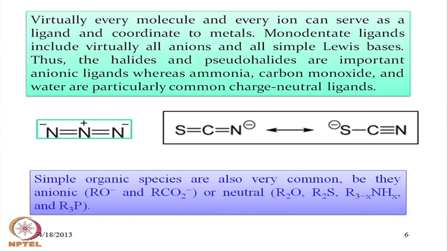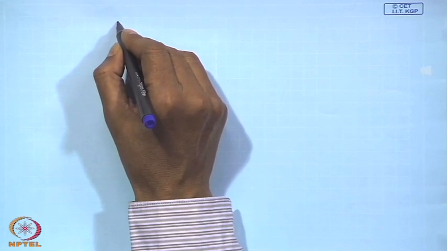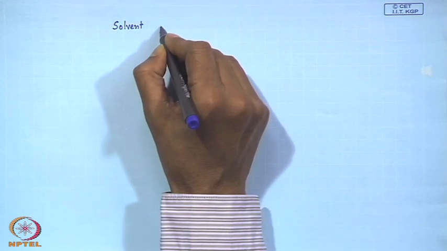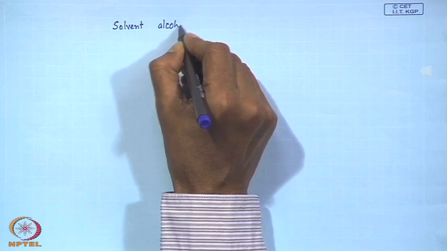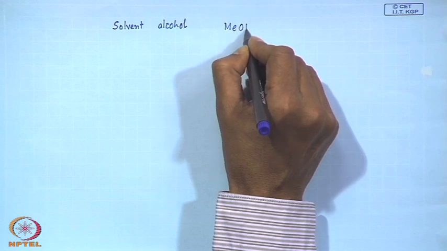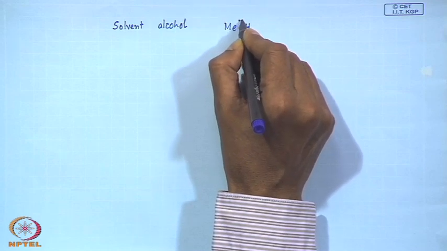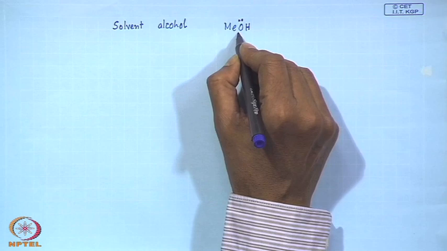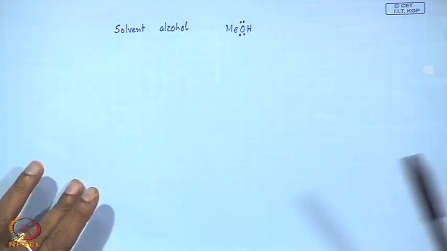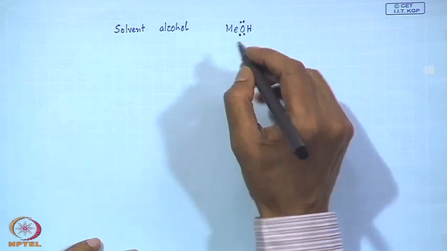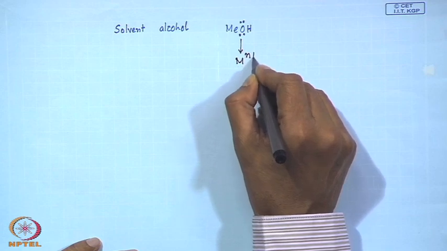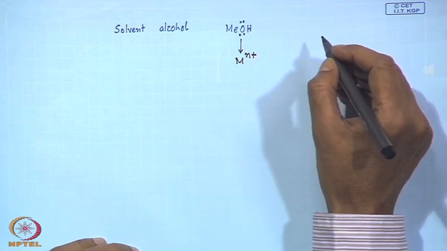Any alcohol, particularly when we use it as solvent, like water, also has lone pairs of electrons. So, when these lone pairs of electrons are donated to the metal center, it can function as a very good ligand.